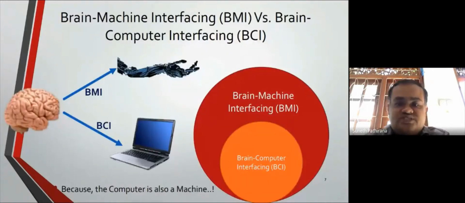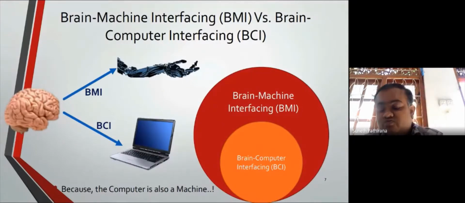Since I started talking about brain-computer interfacing, and the main topic is brain-machine interfacing, let's distinguish and try to resolve the ambiguity. What's the key difference? Is that the same or two different things? Brain-machine interfacing is the technology that we are supposed to learn today.